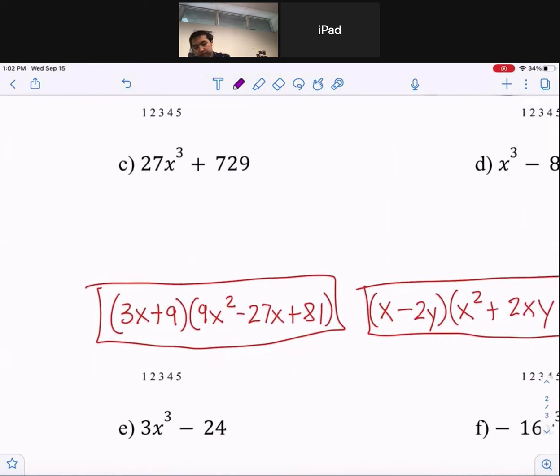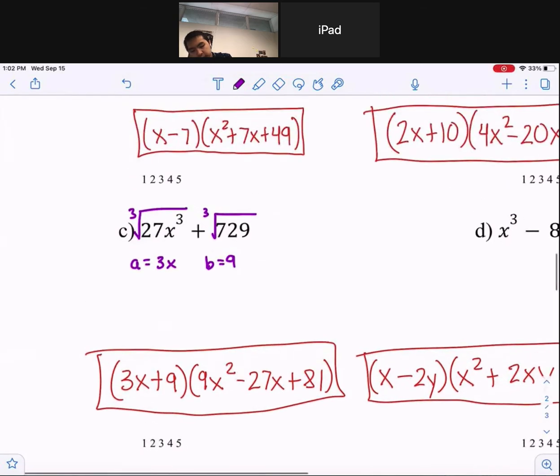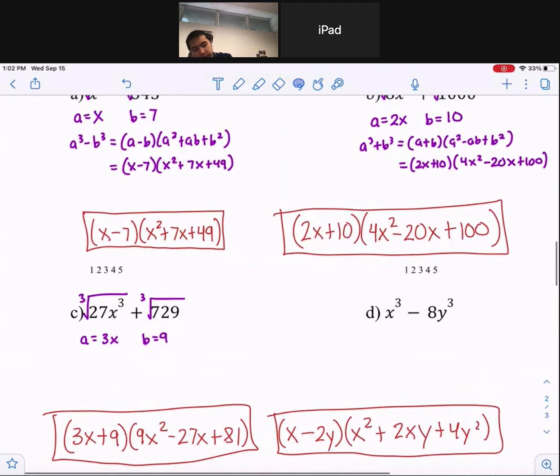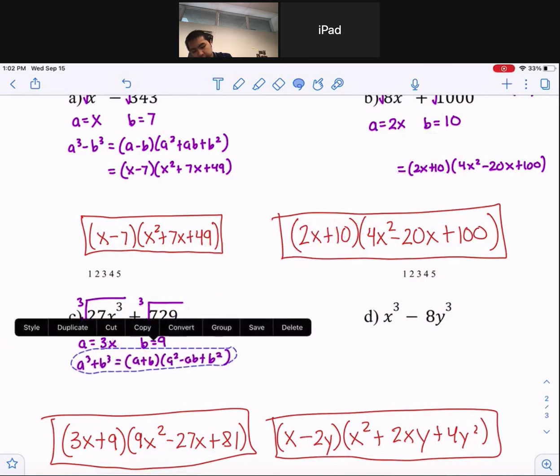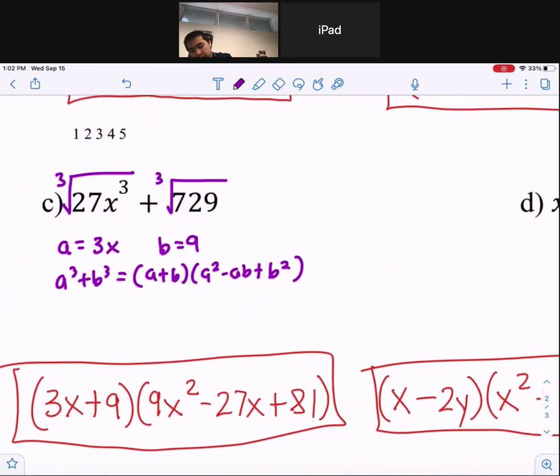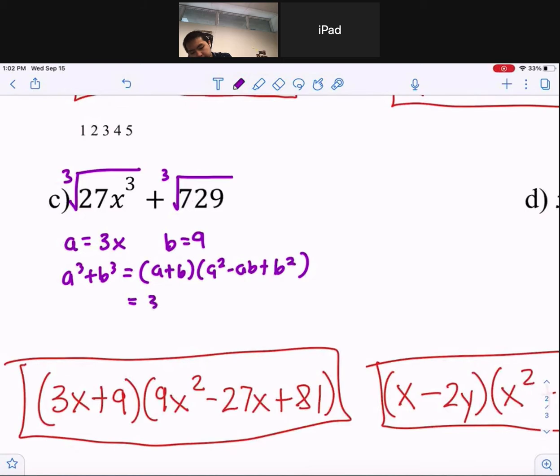Part C, these are both perfect cubes, so we can cube root both. What times itself 3 times is 27x to the third? 3x. What times itself 3 times is 729? That is 9. So now we're going to use a formula. So that's our plus one. I'm going to drag this one down here so we get a visual. Our a plus b, that's 3x plus 9.